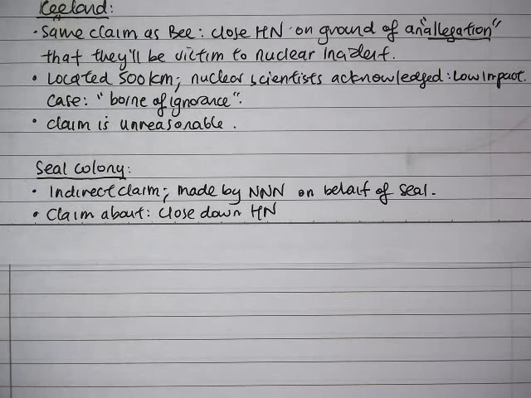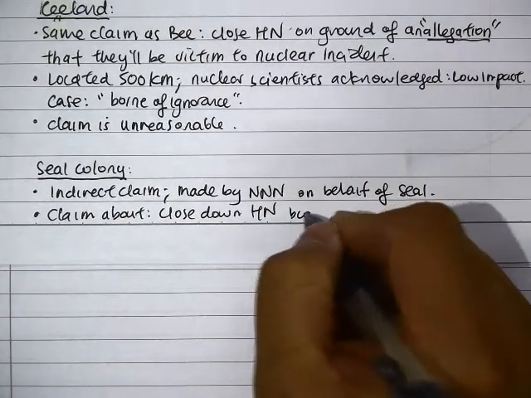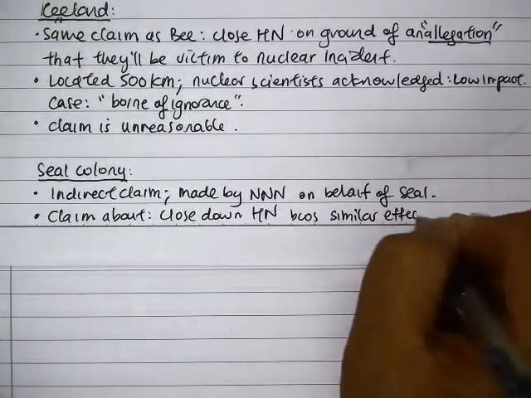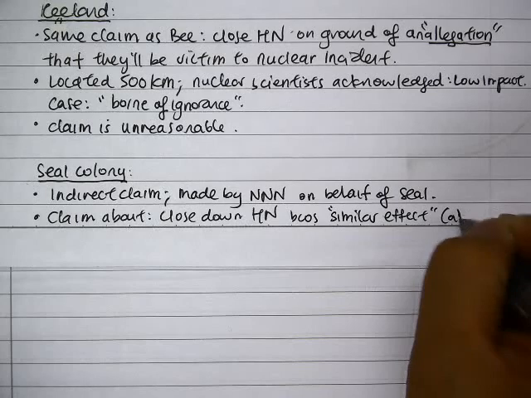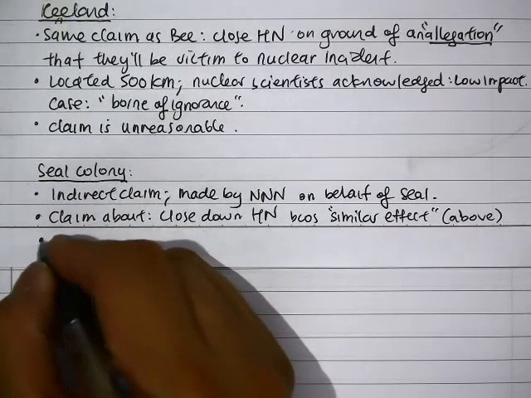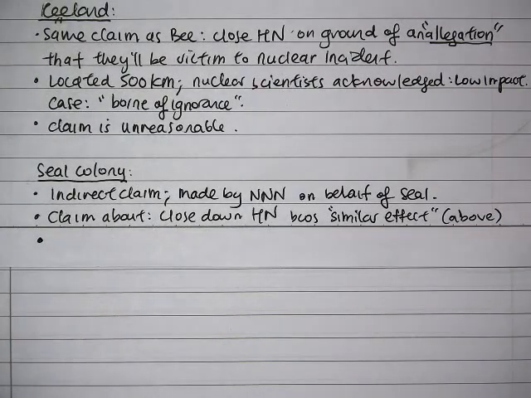Okay, because they can't speak. The claim is also about what? They want you to close down HN power plant. Okay, so it claim about the close down HN power plant.